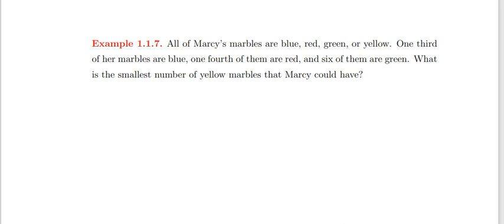This problem is quite the same. Some are blue, some are red or green or yellow. 1/3 are blue, and 1/4 are red, and 6 of them are green. So green equals 6. Okay, we want to find the total number.